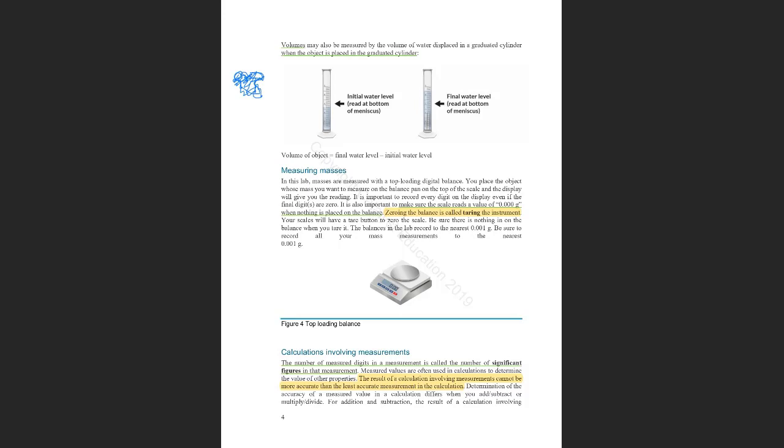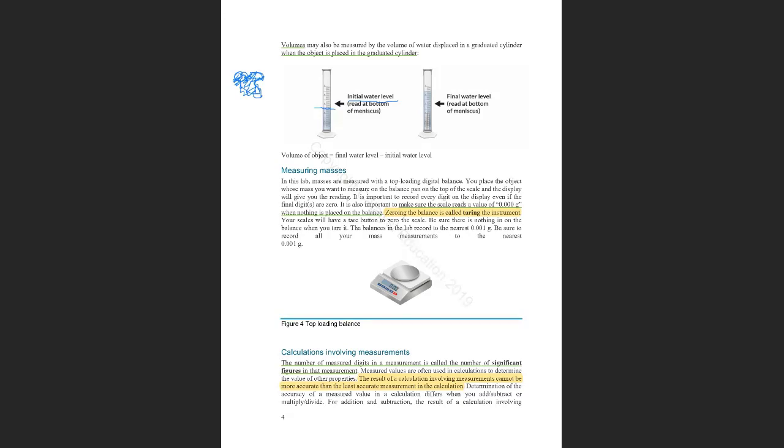What do you do? One way of measuring the volume of a solid is placing some liquid in the graduated cylinder. So here they are showing you put some liquid and you read the initial water level.